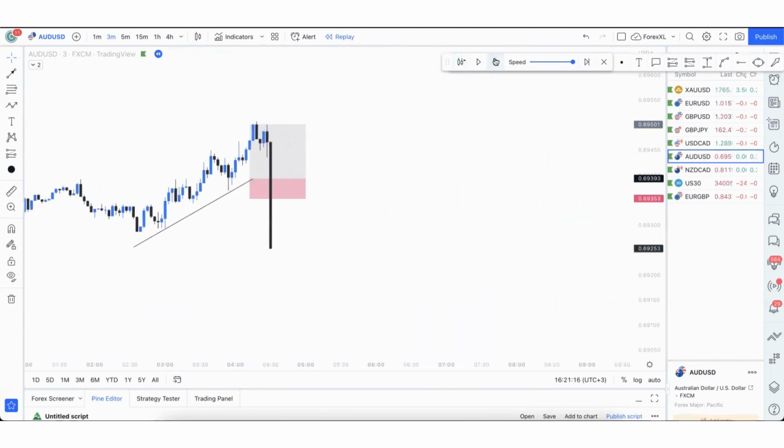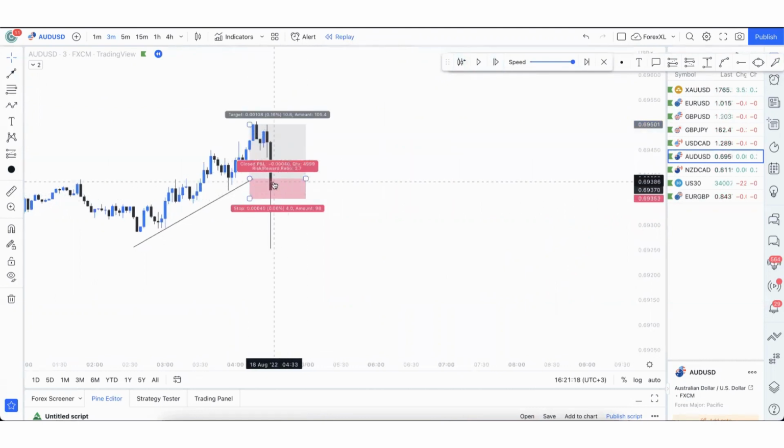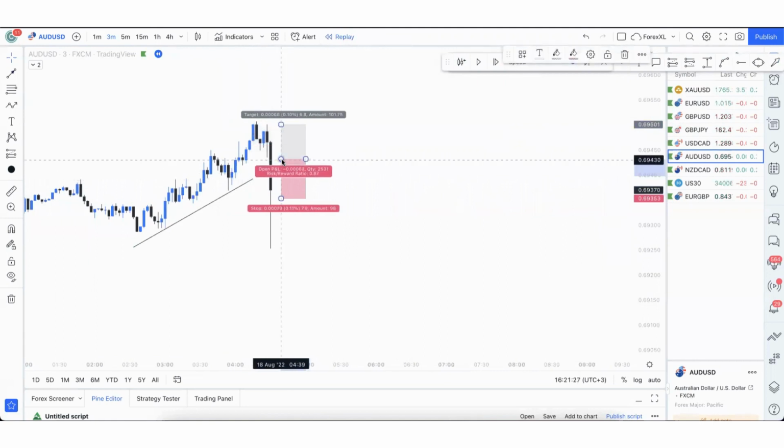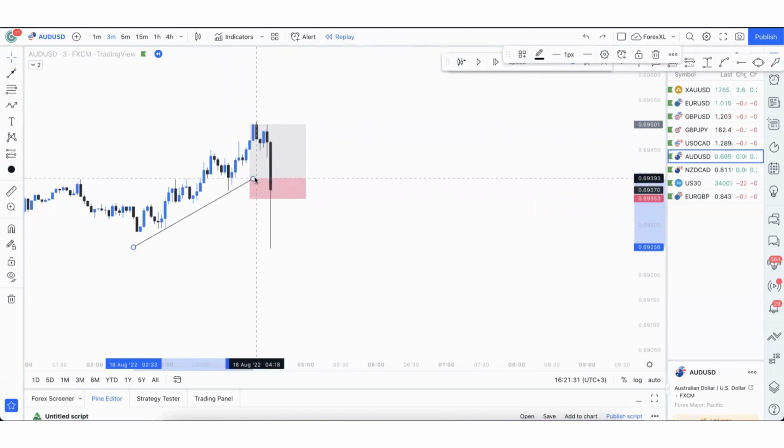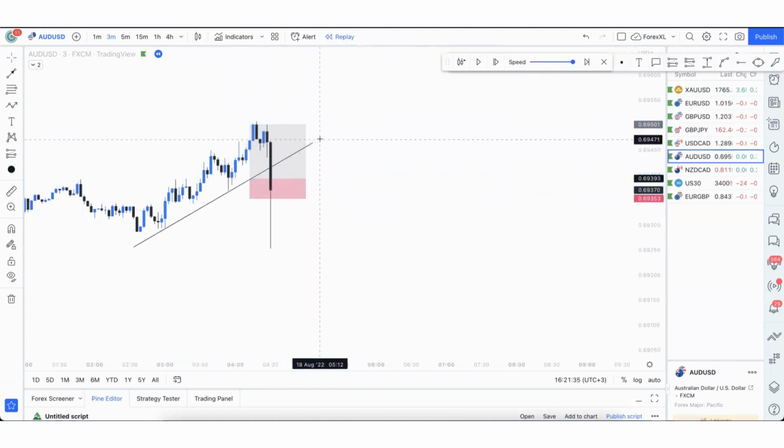You expect that the price will respect this area and then go up, because this trend line is your indication that the price will respect it and then go up, right?